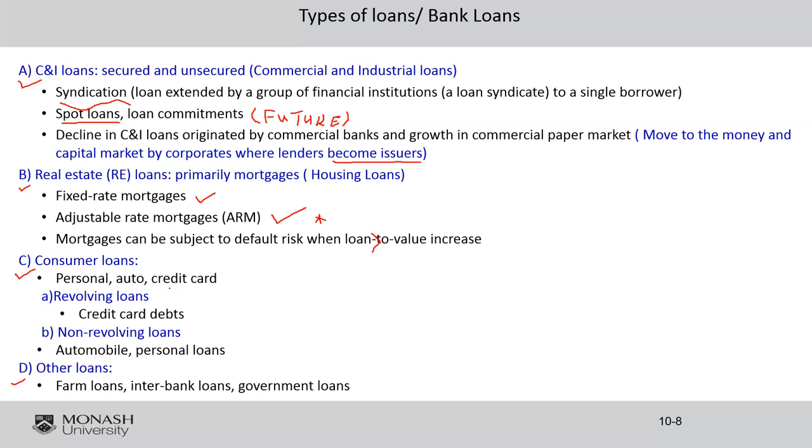Consumer loans, we have so many of them. We have personal, auto, and credit cards, and they can be divided into revolving loans, like credit card debt. With a credit card, you sign only one contract. They will give you in this country 8,000 to 16,000 to 20,000, depending on your salary or your income.